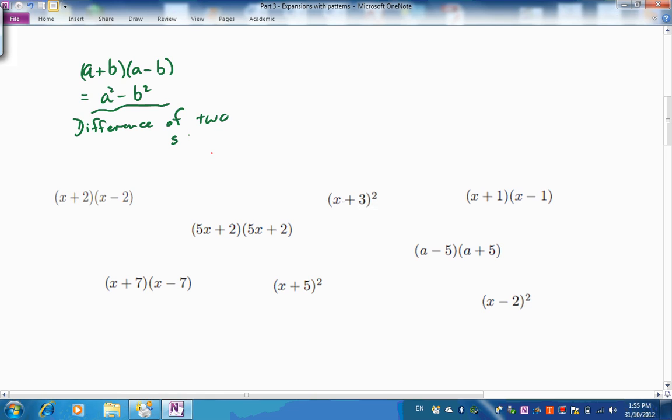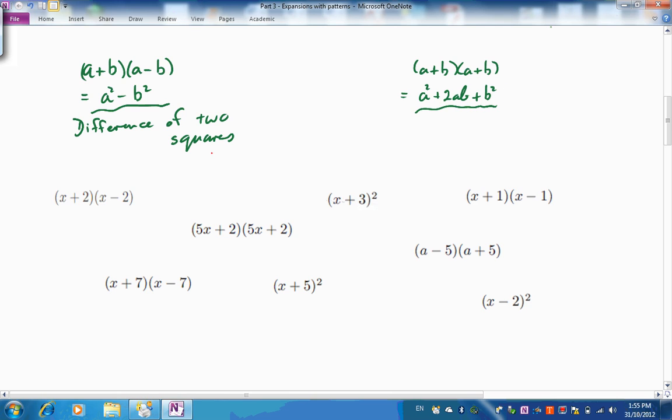Because we've got the term in the middle disappearing, we end up with just the first term squared and minus the second term squared. And the other type is, of course, when the brackets are identical. So there's 2 ways. This comes to a squared plus double that middle term plus b squared.